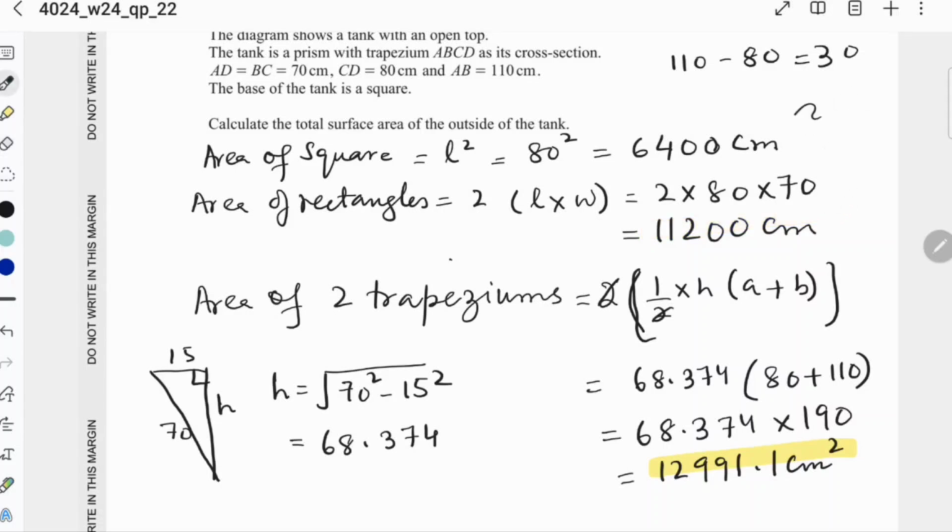This is the area of the square, the area of the rectangles, and the area of the two trapeziums.